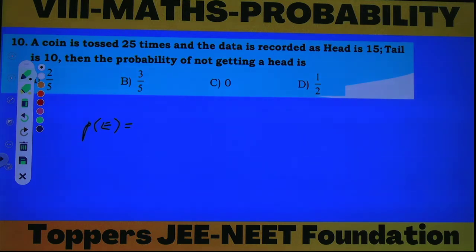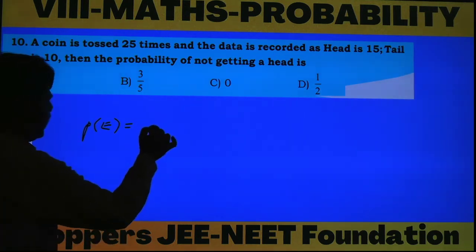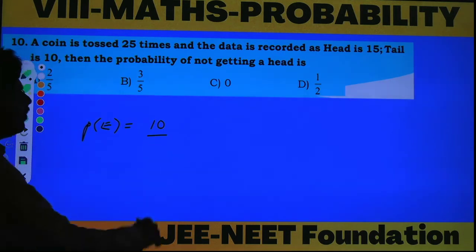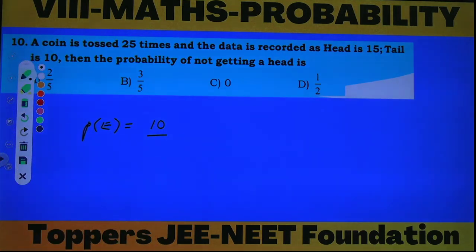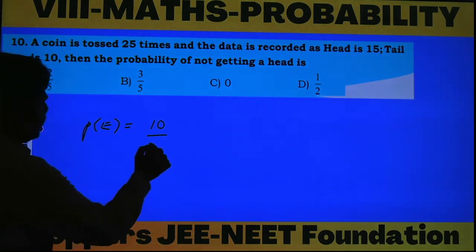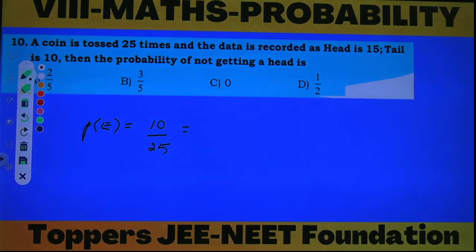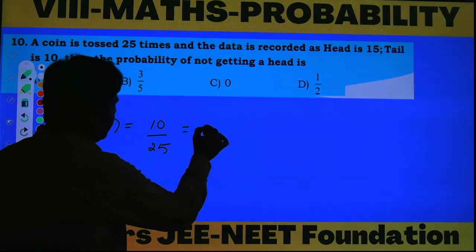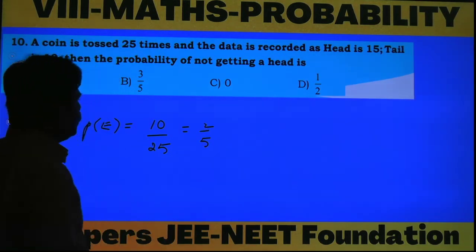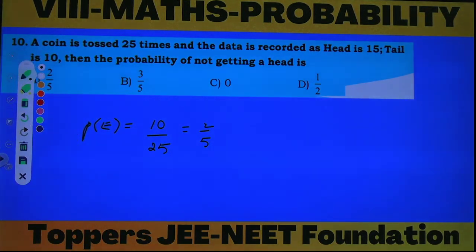How many tails are there? 10. Then 10 by total number of outcomes, 25. 10 by 25, let us take 5 as a common factor. 5 2s are 10 and 5 5s are 25. 2 by 5. 2 by 5 means first option. Option A is the correct answer.